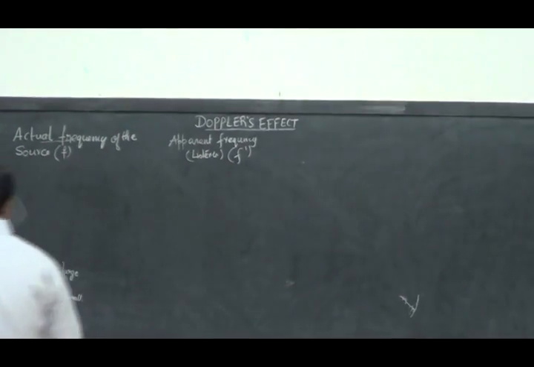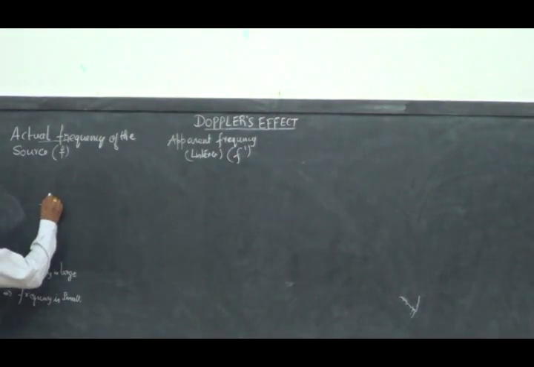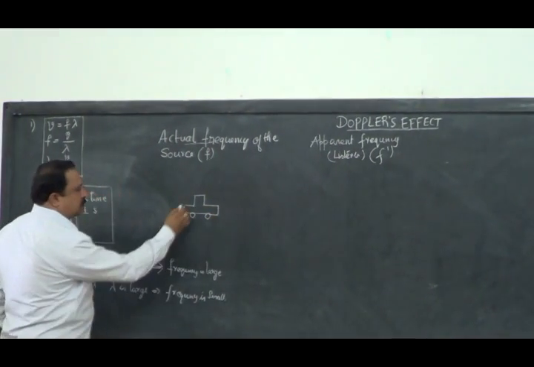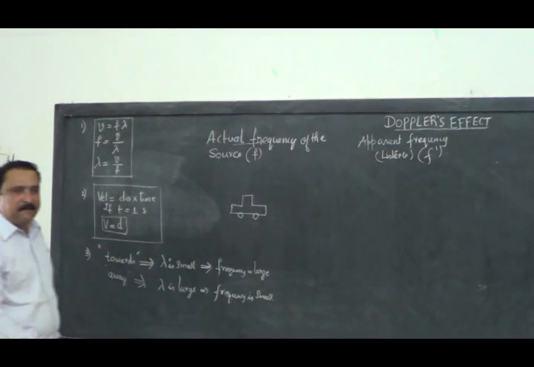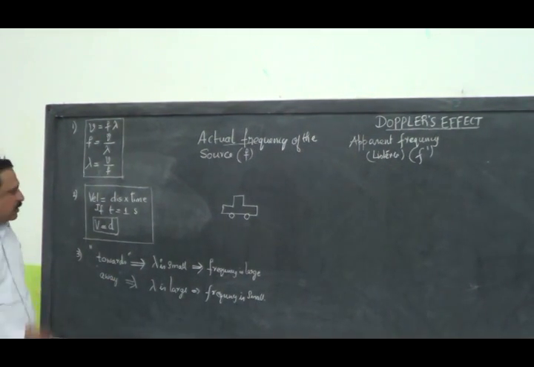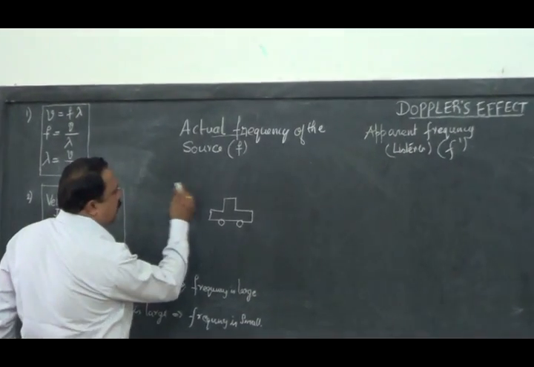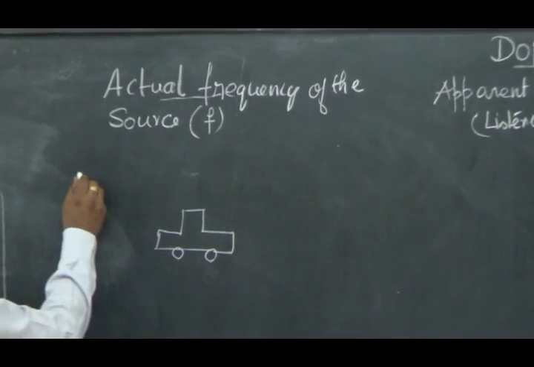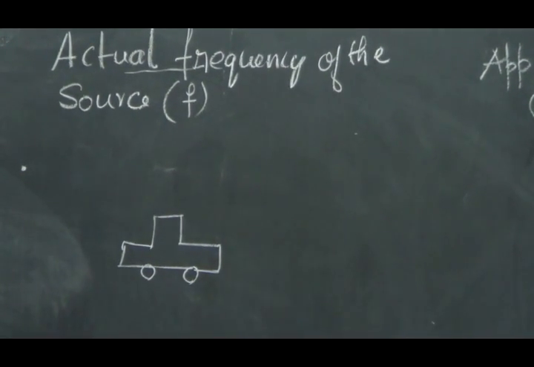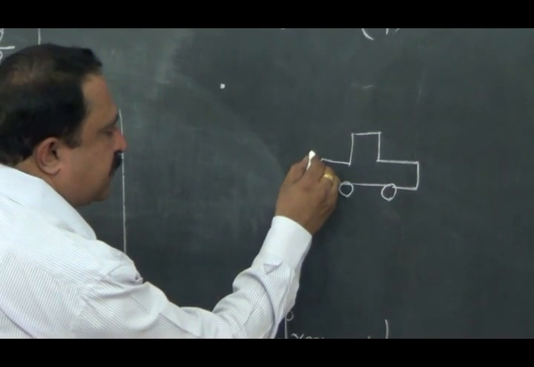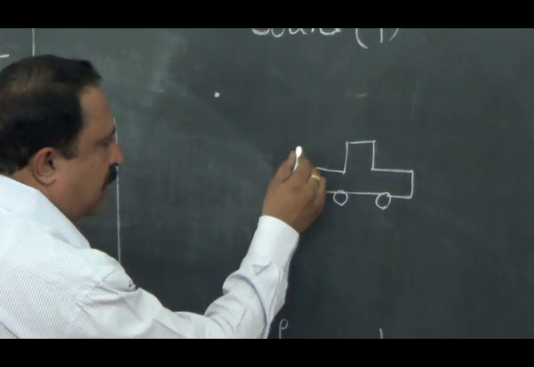It is because, now let's take that this is the car that is coming towards you. Okay? Don't ask me which model, which brand, some car. Now you are here. Now, the waves in this region are much closer.